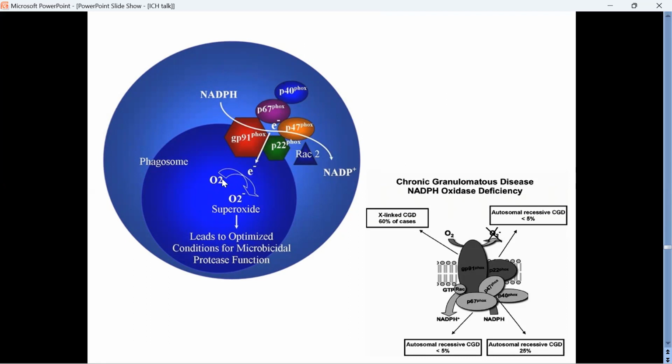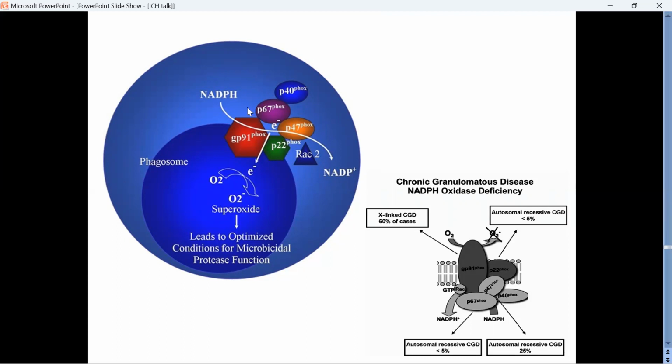The free electron interacts with oxygen, creating a superoxide. This superoxide is a free radical and very effective in killing the bacteria or the fungal organisms. This superoxide can react with water, forming hypochlorous acid, which is again a potent agent killing the bacteria and fungal organisms.